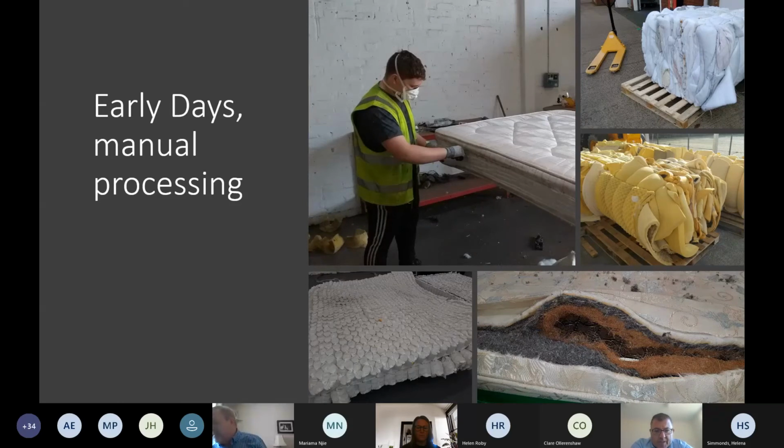And then there are things like pocket springs, which are really difficult to do anything with. They're polypropylene pockets, which are really recyclable, but they've got a metal spring in them and are normally sewn in. So recovering them manually, it would probably take you about 3 or 4 hours to pull the metal out of that. So it just wasn't cost effective to do that.